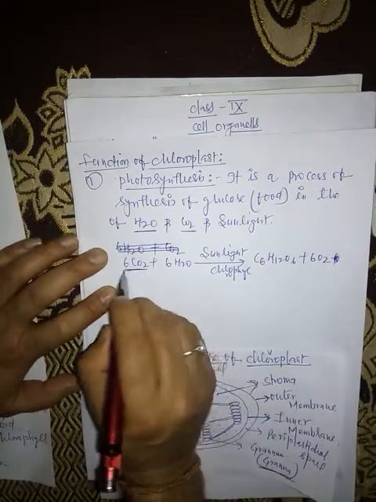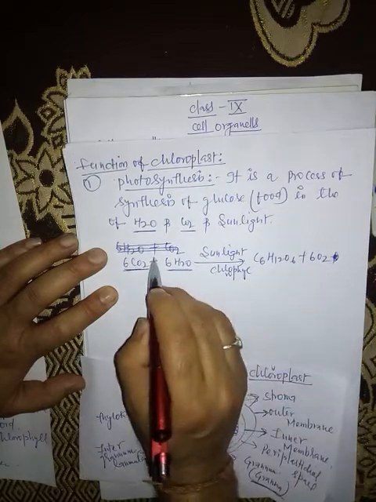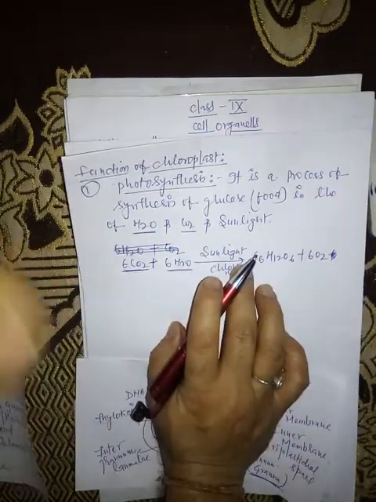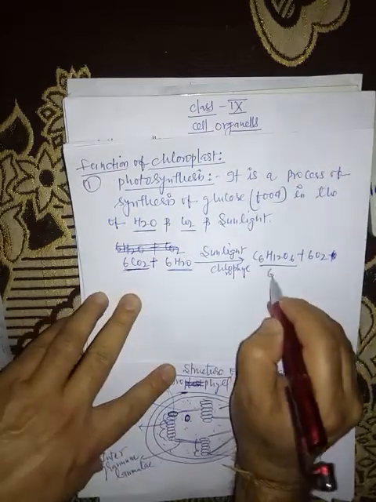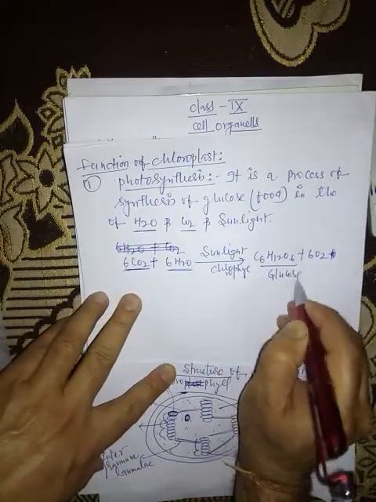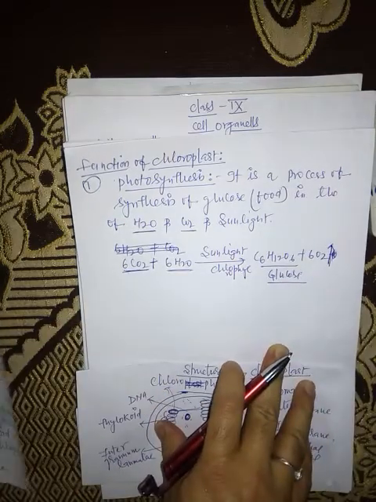So carbon dioxide and water both are combined and form glucose. This is glucose, and oxygen is evolved in this process.